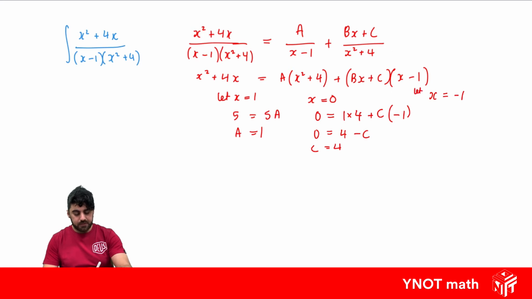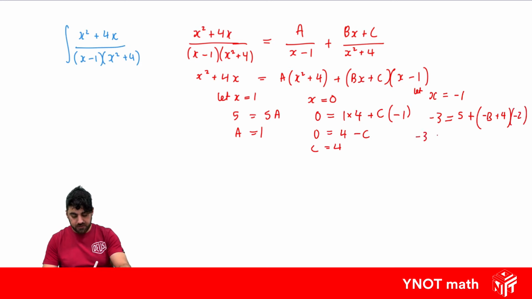On the left-hand side, we'll get minus 1 squared, which is 1, minus 4, which is minus 3, equals a, we know is 1, times minus 1 squared plus 4, which is 5, so we're just going to get 5, plus b times minus 1, which is minus b, plus c, which we know is 4, times minus 1, which is minus 2.